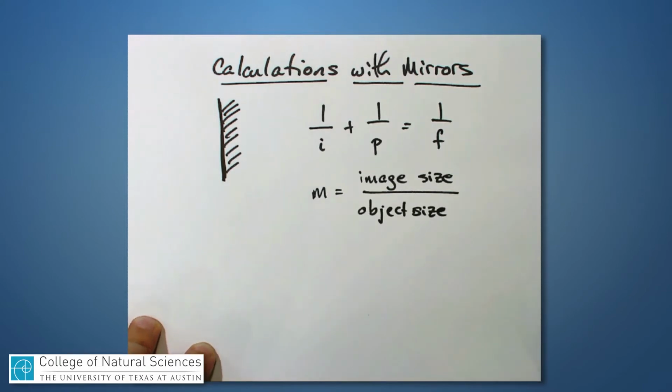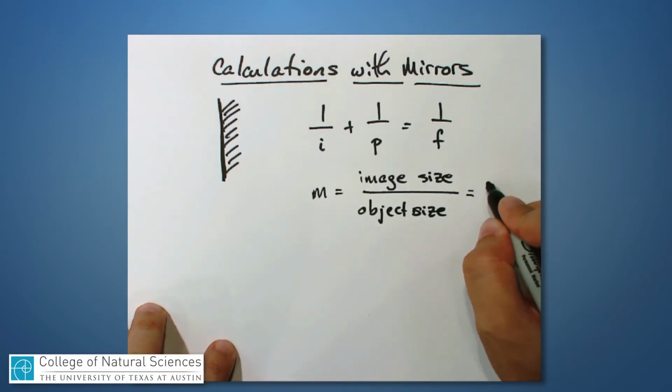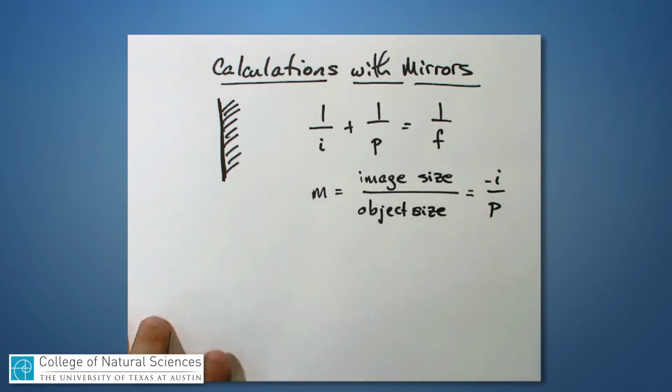So something has a magnification bigger than 1 if it looks actually bigger than in real life. Something has a magnification less than 1 if it looks smaller than in real life. And the calculation that we're going to not prove but use over and over again is that this is related, in a surprising way, to the ratio of how far away the image is from the mirror to how far away the object is in front of the mirror.